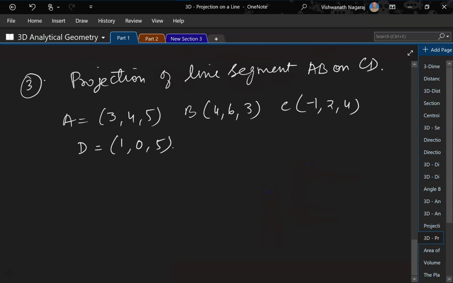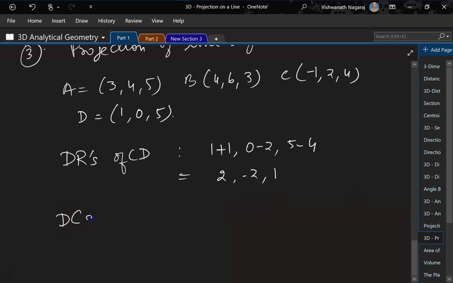Okay. Now here we have to find the projection. So let's find the DRs, that is direction ratios of CD, right? So 1 minus minus 1, so 1 plus 1, 2. Similarly, 0 minus 2, minus 2, and 5 minus 4, which is 1.